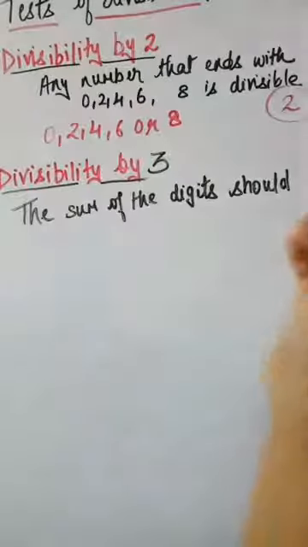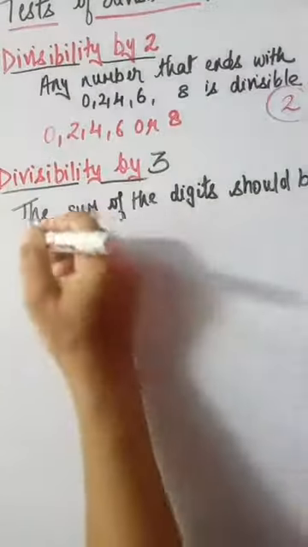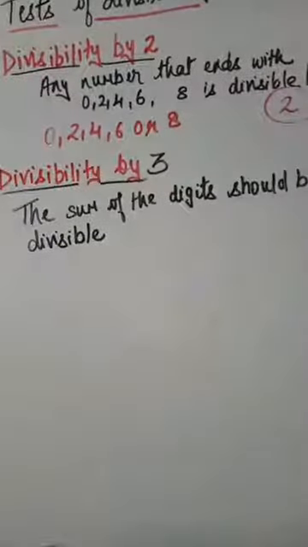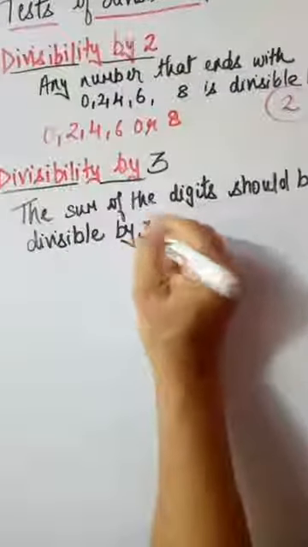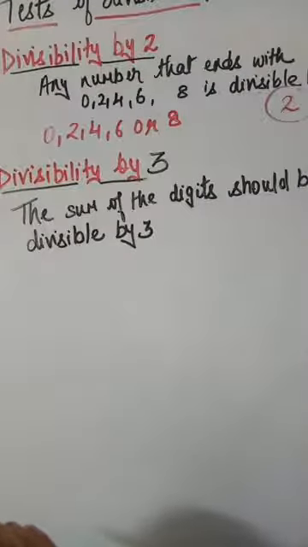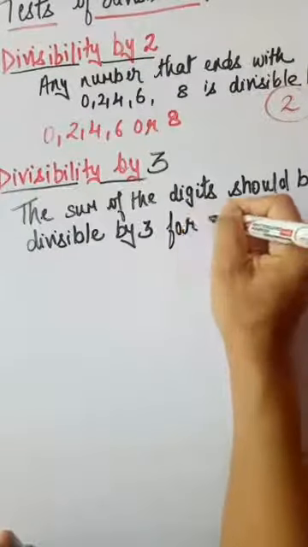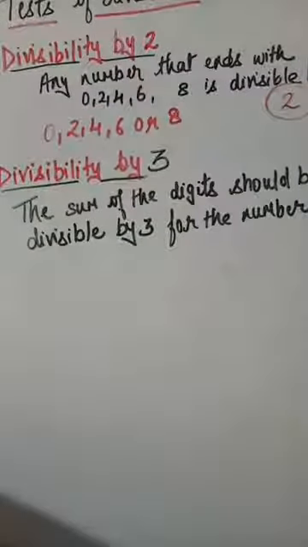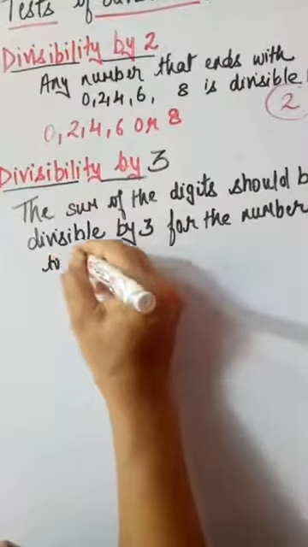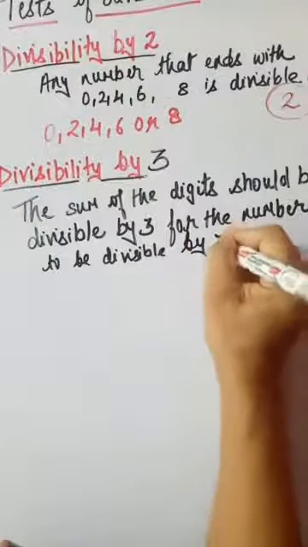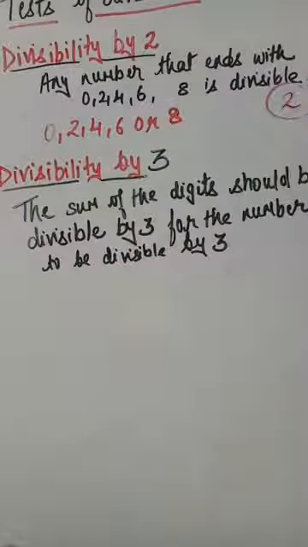The sum of the digits should be divisible by 3 for the number to be divisible by 3.